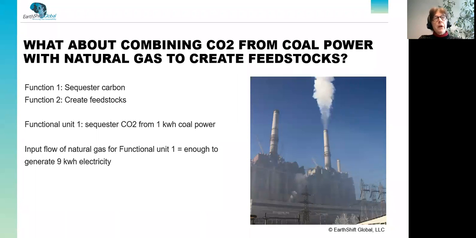But when we looked at the natural gas that would be needed as input, and we did this through the LCA, for that functional unit of 1 kilowatt hour of coal power, we found out that the natural gas could have on its own, through a nice cogen system, a really efficient system, generated 9 kilowatts of electricity.